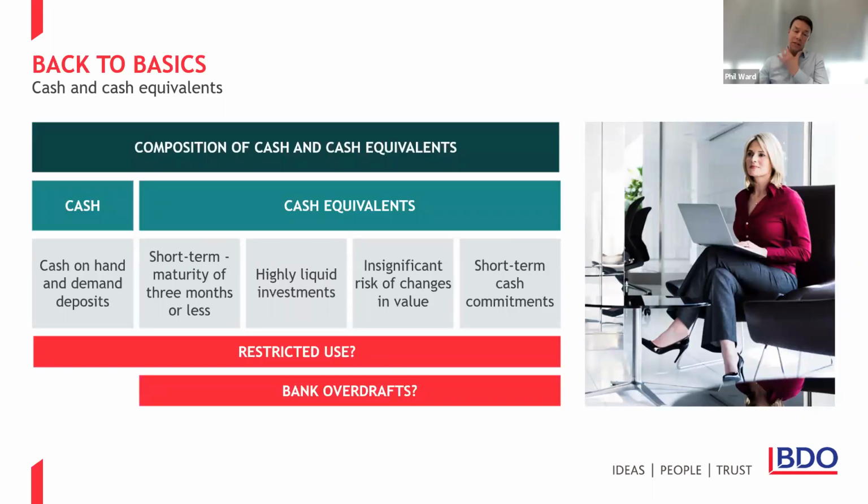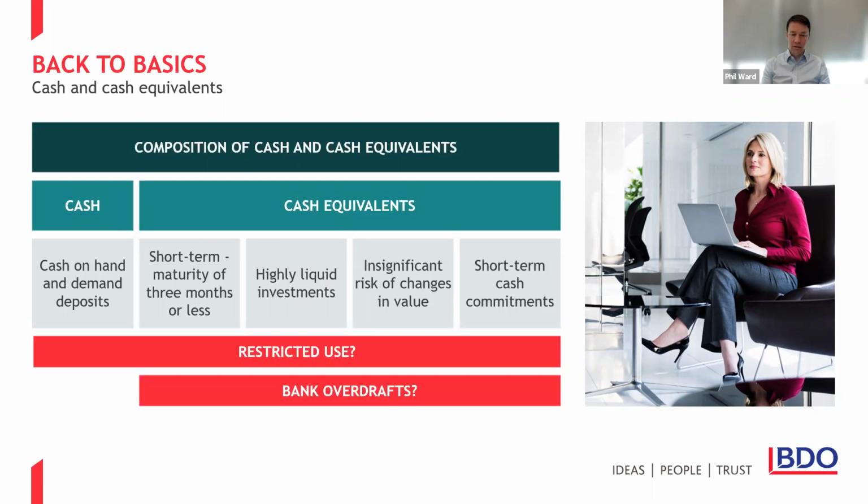Another aspect which seems straightforward but seems to be an area of confusion in practice is knowing what's included as part of cash and cash equivalents for the purposes of the statement of cash flows, more specifically when it comes to determining what is considered to be a cash equivalent.